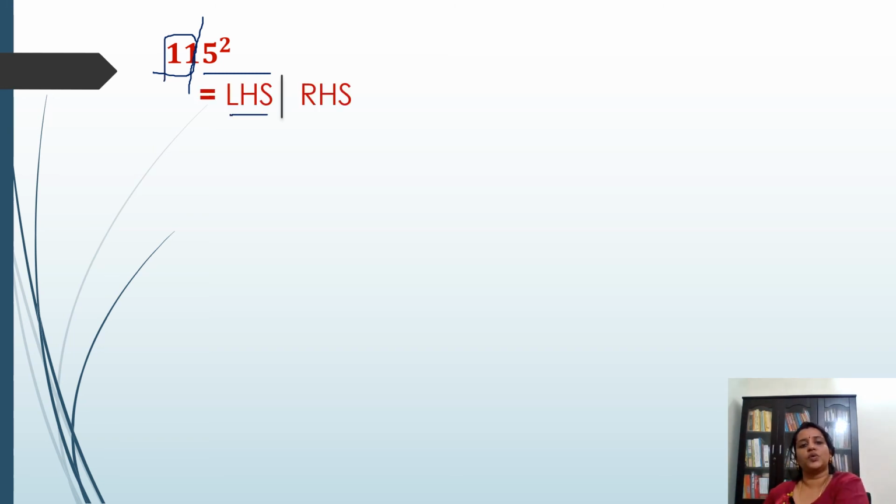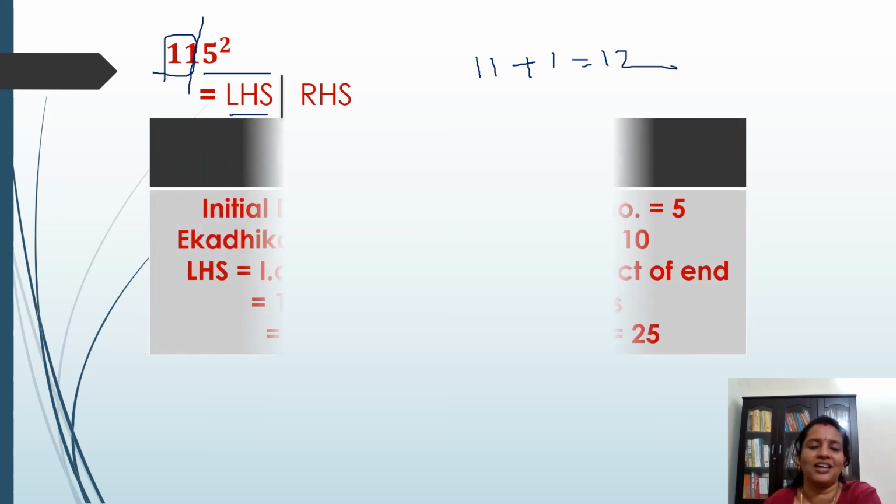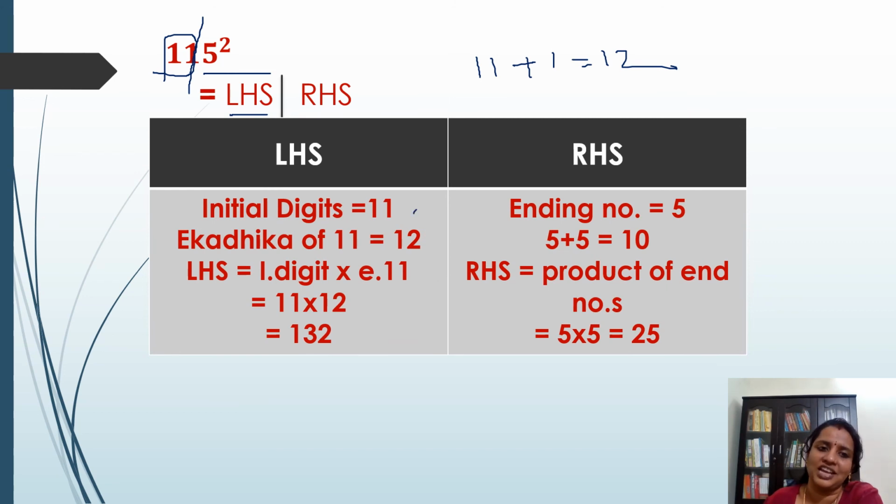For my LHS, what do I have to do? The initial digit here is 11 and the ekadika of this initial digit is 11 plus 1, which is equal to 12. Am I correct here? Yeah. Initial digit is 11 and ekadika of the initial digit is 12.